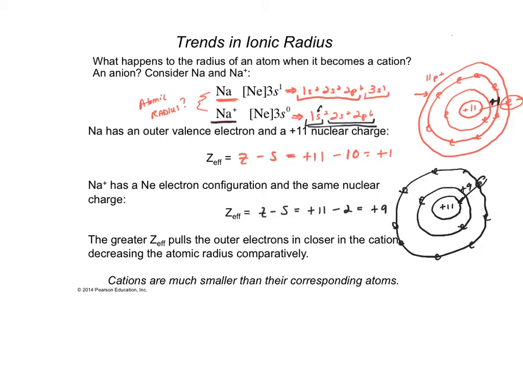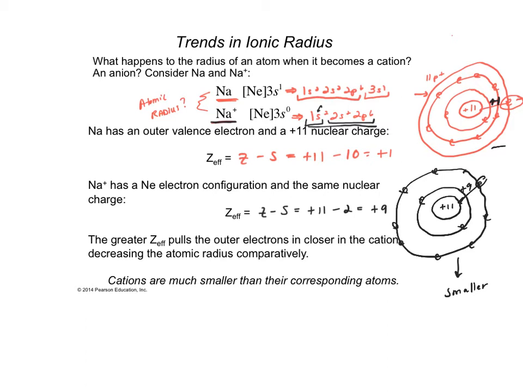That means they're going to be pulled towards the nucleus much more comparatively than in the neutral atom, which means that the atomic radius is going to be smaller. Because again, effective nuclear charge, we've changed the number of core electrons when we lost that one valence electron. And so now we're pulled much tighter towards the nucleus. That's going to give us a smaller overall atom.